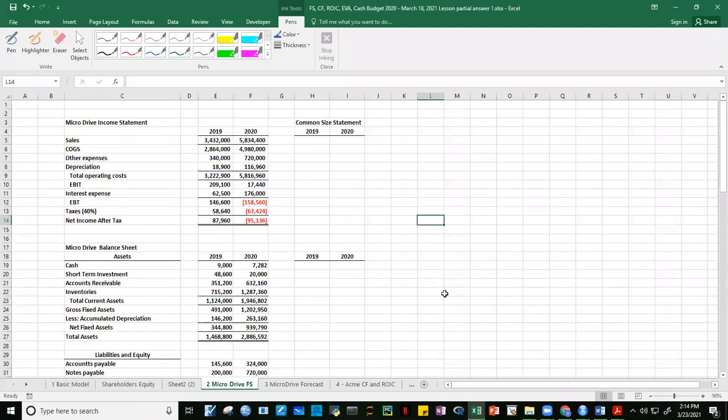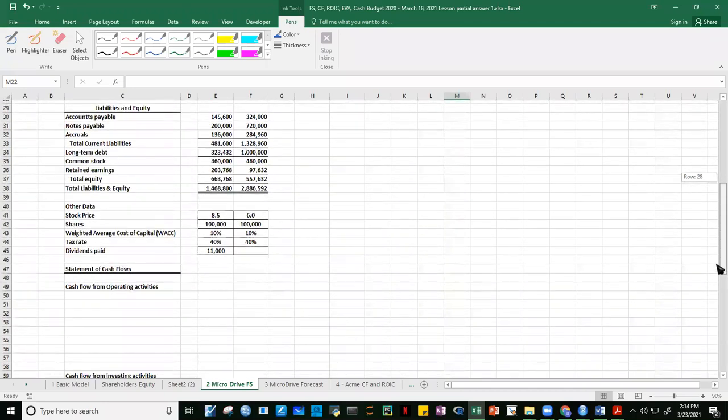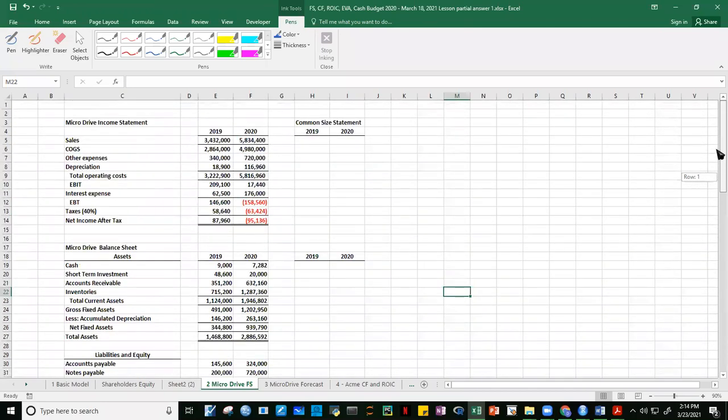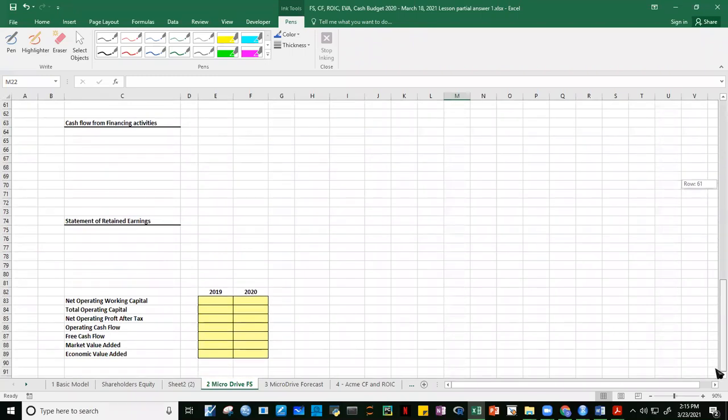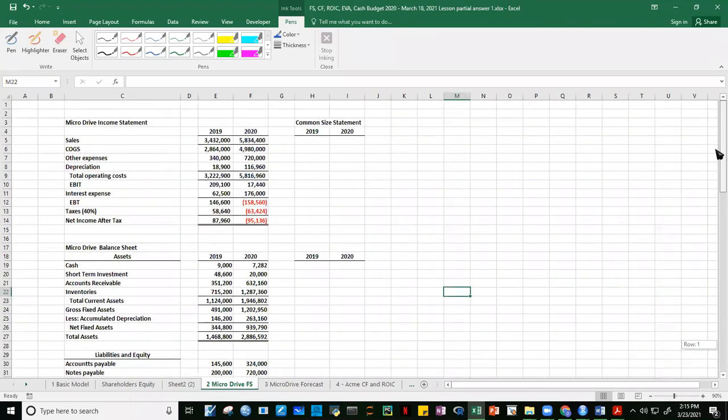Okay, for your practice, guys, kindly compute for the statement of cash flows and the changes in shareholders' equity. Nitong pangalawa, yung microdrive, ito yung FS nila. So pakigawa yung statement of cash flows and then statement of changes in shareholders' equity. Pati, paki-compute na rin itong mga to, yung mga kinompute natin ngayon. Alright, so with that guys, let's end our discussion.